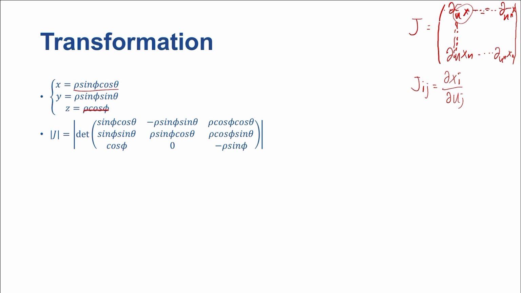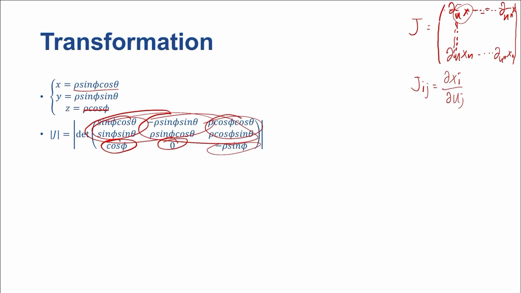Okay, now how do we take the determinant of a 3x3 matrix? What we do is we take this guy here, and multiply it with the determinant of this guy here, and then we add this guy here times the determinant of this guy here, and then we subtract this guy here multiplied with the determinant of that guy there. So we end up taking the determinants of three 2x2 matrices.